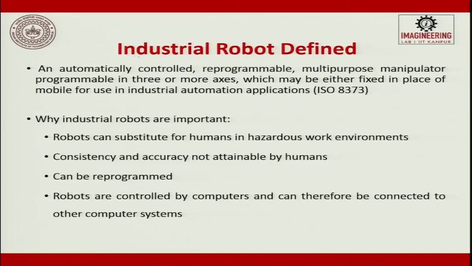When we talk about an industrial robo, an automatically controlled, reprogrammable, this is a very important word, multi-purpose manipulator programmed in 3 or more axes, which may be either fixed in place or mobile for use in industrial automation application, is the definition for industrial robos.